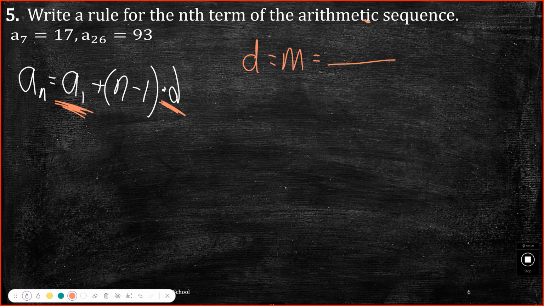So the difference in the number of seats, and then at the bottom, the rows. Which row is it? So the outputs are the seats. So let's go like this. 93 minus 17, and then we're going to subtract the row numbers, 26 minus 7.